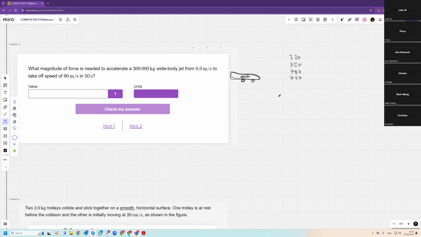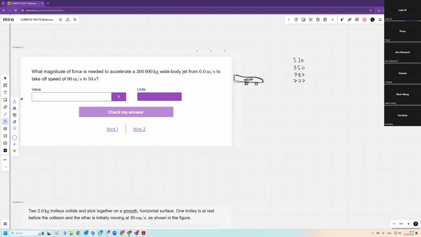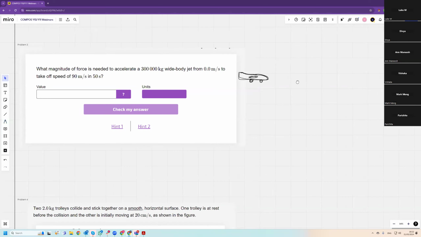They are twin aisle. Twin aisle means wide body. And we're looking forward to the 929, which is going to be the fifth one in production.